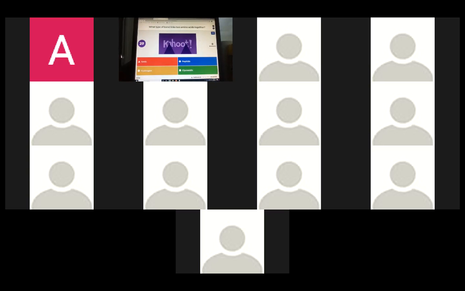All right. What type of bond links 2 amino acids together?